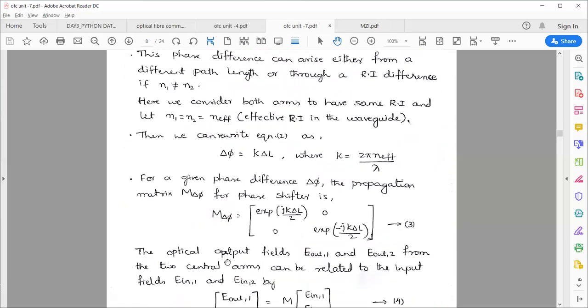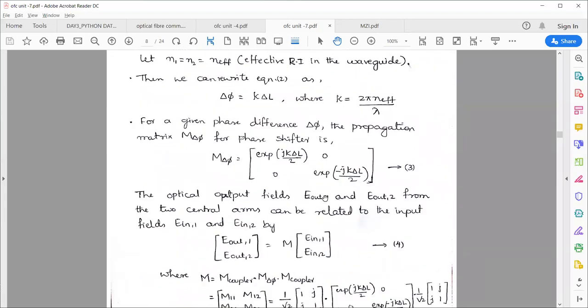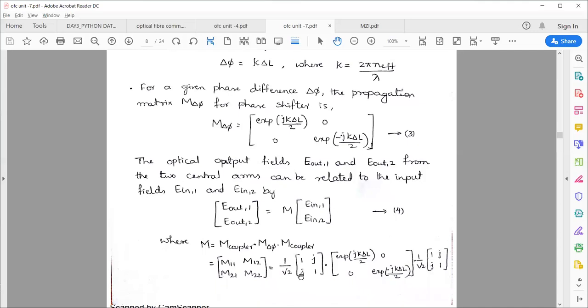Next, the output optical fields are represented as E out 1 and E out 2. From the two central arms, they can be related to the input fields E in 1 and E in 2 by using the same matrix method. E out 1 and E out 2 is nothing but M into E in 1 and E in 2, where M is the quantity which consists of the propagation matrices of both the couplers, that is the initial 3dB splitter, as well as the phase shifter M delta phi, and the output stage of the coupler, which we call the 3dB combiner.